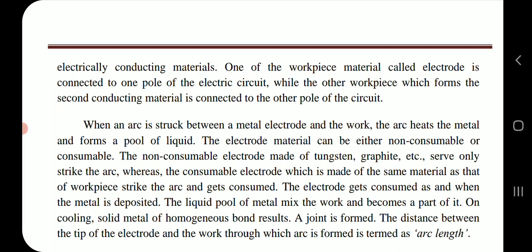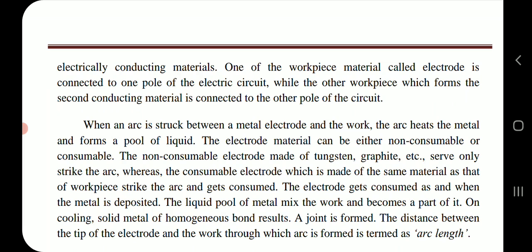The non-consumable electrode, made of tungsten, graphite, etc., serves only to strike the arc, whereas the consumable electrode, which is made of the same material as that of the workpiece, strikes the arc and gets consumed. The electrode gets consumed as and when the metal is deposited.